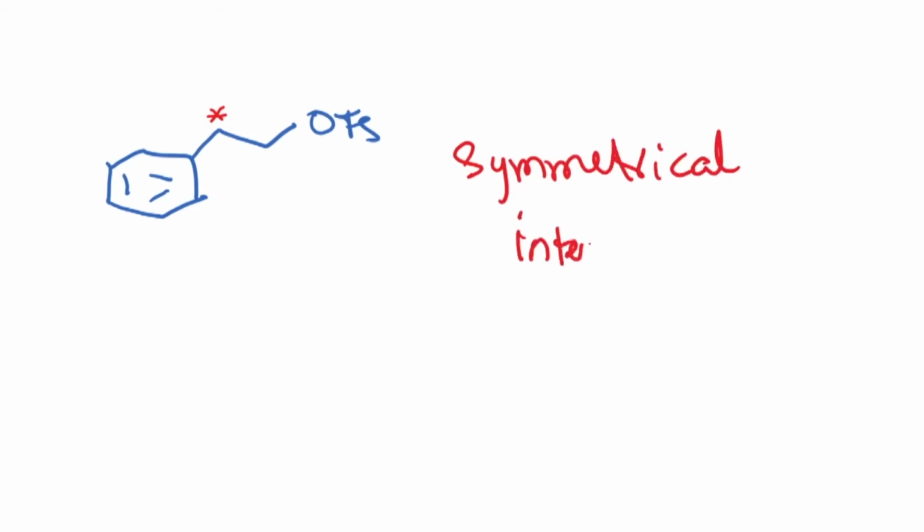intermediate that is produced. When you get an equal amount of two products being formed, you can suggest that there would be a symmetrical intermediate. The example that we are all familiar with is the formation of the carbocation.